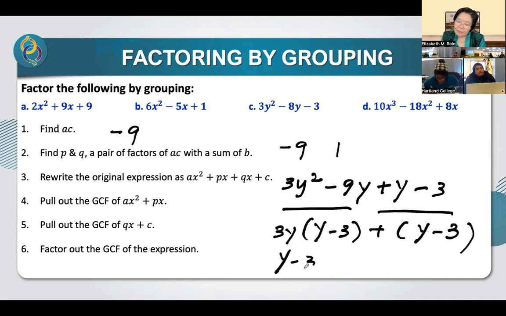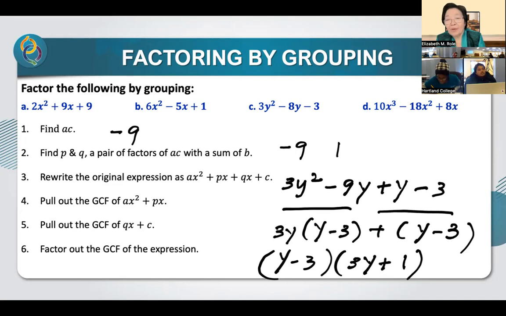Y minus 3 is common, so you get 3y plus 1 times y minus 3. Or if you made 3y squared plus y minus 9y minus 3, it's the same. You still get the correct answer, but your position is 3y plus 1, y minus 3. So it doesn't matter.